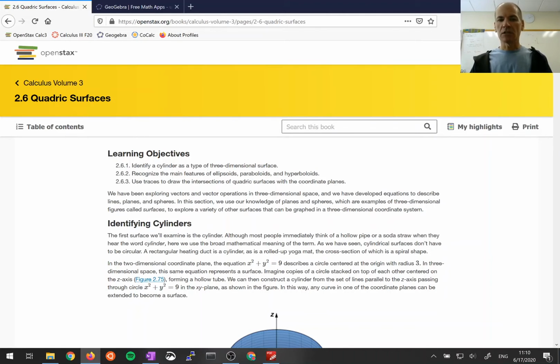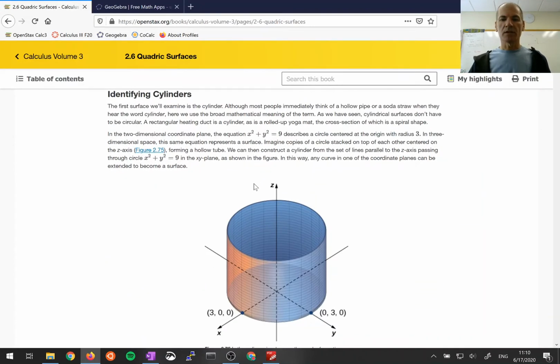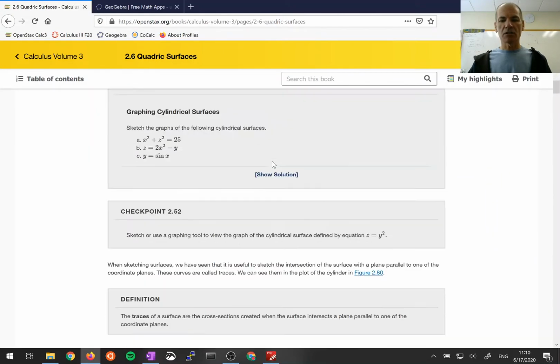For example, we see spheres arising in physics and chemistry, cylinders, for example, the one that we see here, a pipe, for lack of anything more exotic. So these kinds of things arise naturally in application.